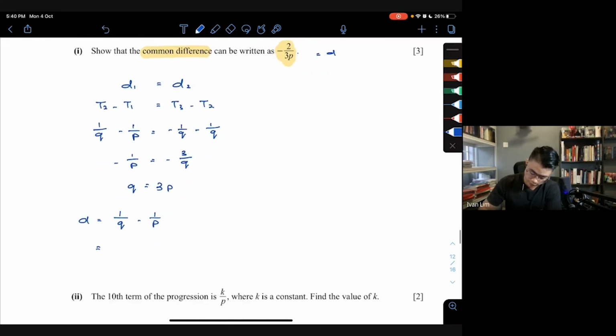Okay, so we replace 1 over 3P minus 1 over P, which will give me 1 minus 3 over 3P equals negative 2 over 3P. Okay, negative 2 over 3P.